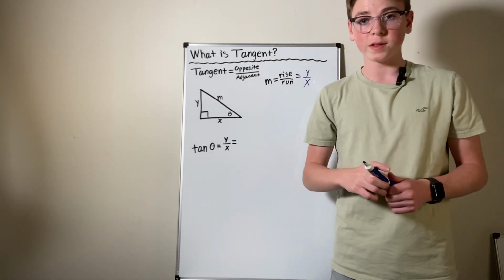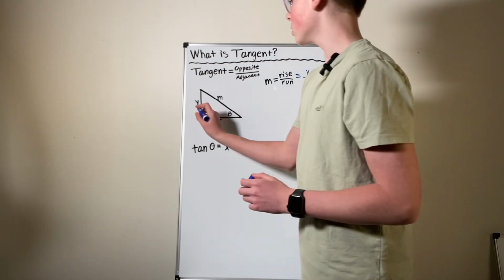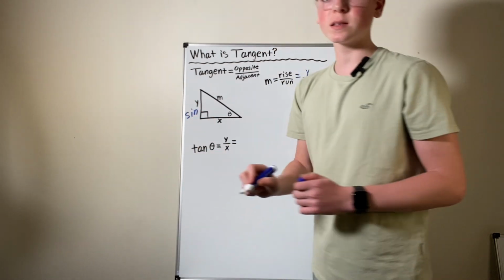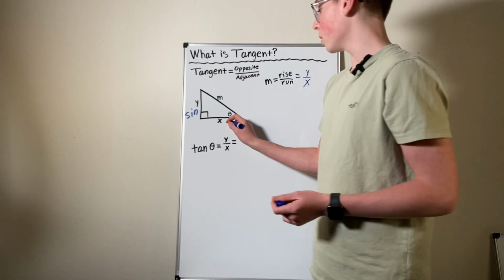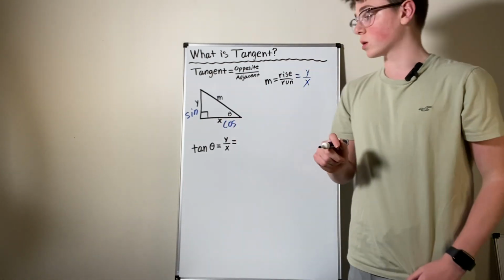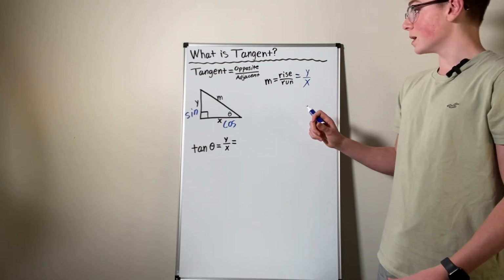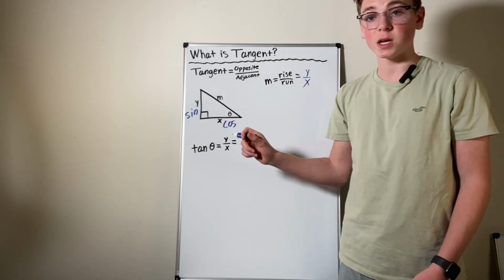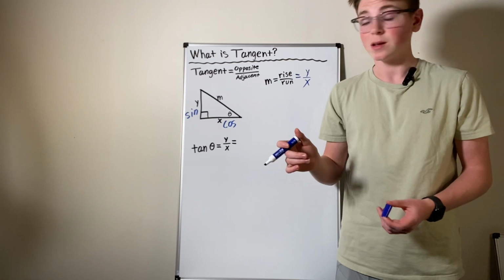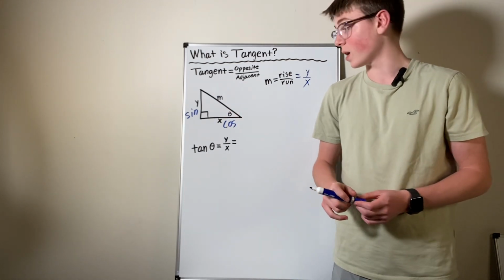What we've found out on this channel already is that sine is equal to y, and x is equal to cosine when we're looking at a unit circle. So tangent is opposite over adjacent, which is the same thing as rise over run. So tangent is basically just finding the slope of this hypotenuse.